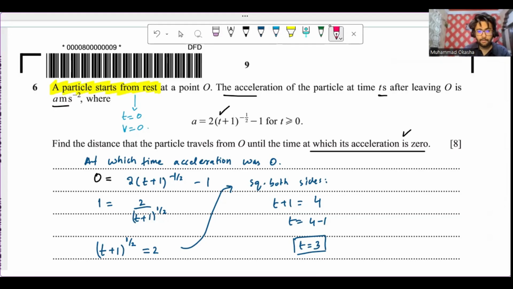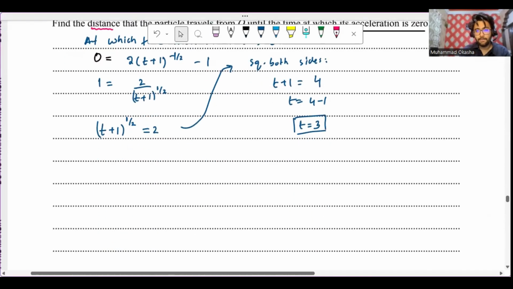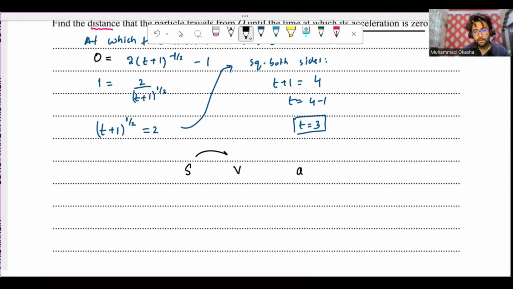Now the most important thing that we have to look for is we're given the acceleration and we need to find the distance. So what is the relationship between acceleration and distance? We know that we have three variables, s, v, and a. Going in this direction, we differentiate.